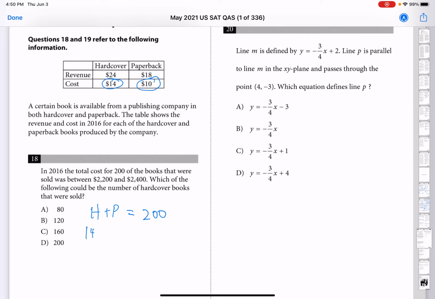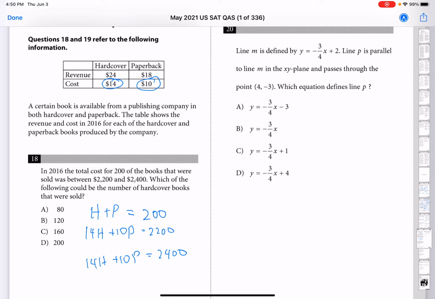So what we'll say is 14H plus 10P is going to be between the values of 2,200 and 2,400.